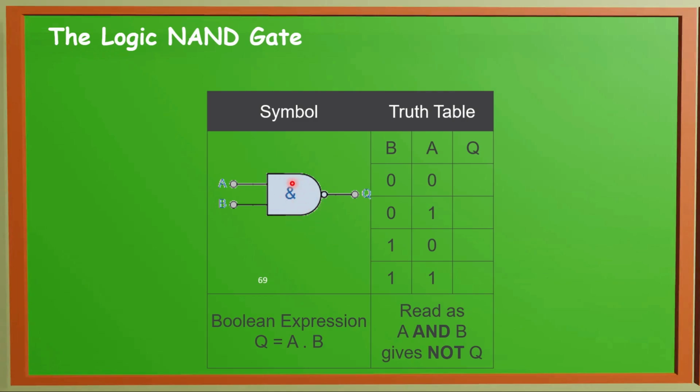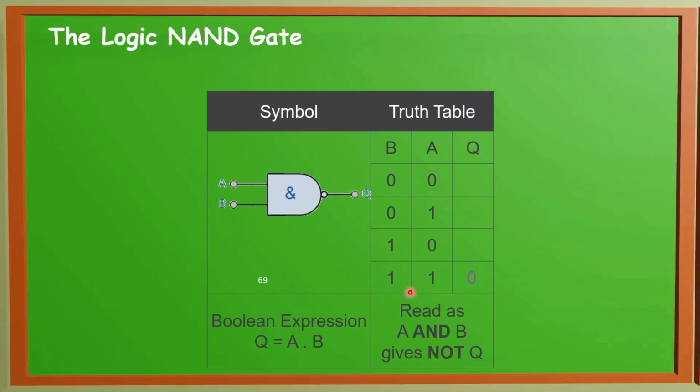That means up to this part there will be AND gate operation, and whatever is the output of AND gate will be inverted with this bubble. So if 0 0, the output was 0 in AND gate. So what will be output in NAND gate? It is opposite to AND gate. So earlier output for AND gate would be 0, but here output will be 1.